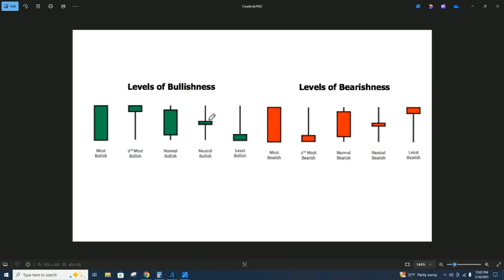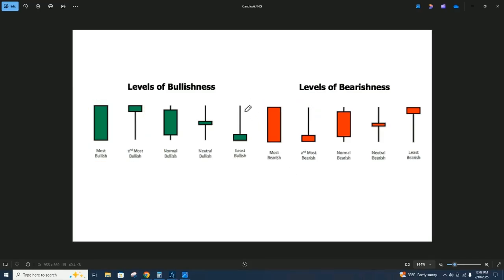This candle means there was a battle between the bulls and the bears, and it pretty much ended even, a sign of indecision. So doji and spinning tops, they're cousins. But today, we're going to be focusing on these two types of candles, which again are our favorite.